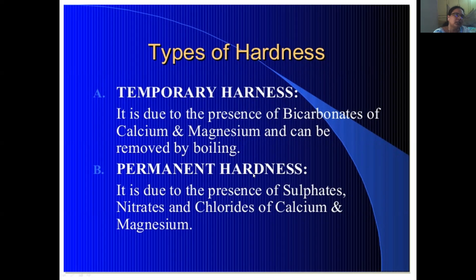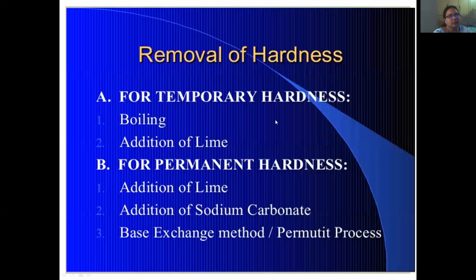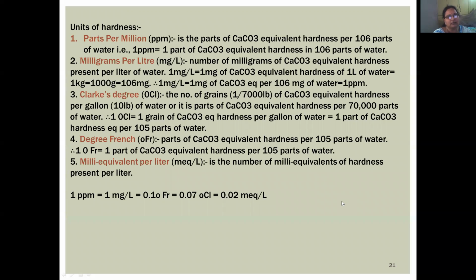Permanent hardness is due to the presence of sulfates, nitrates and chlorides of calcium and magnesium. Temporary hardness can be removed by boiling and by addition of lime, whereas for permanent hardness, addition of lime, soda, and then the ion exchange and zeolite processes all have to be used.